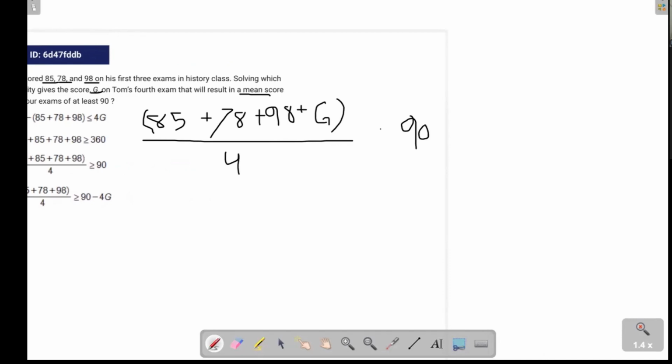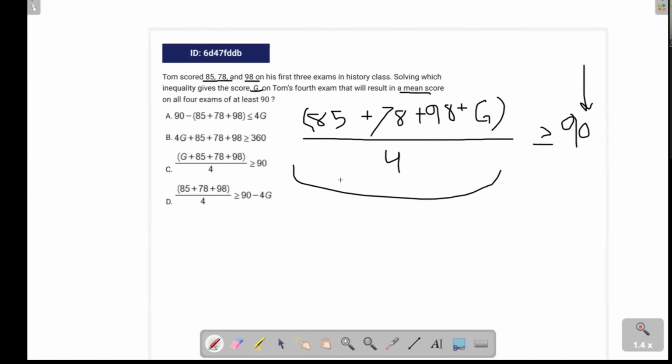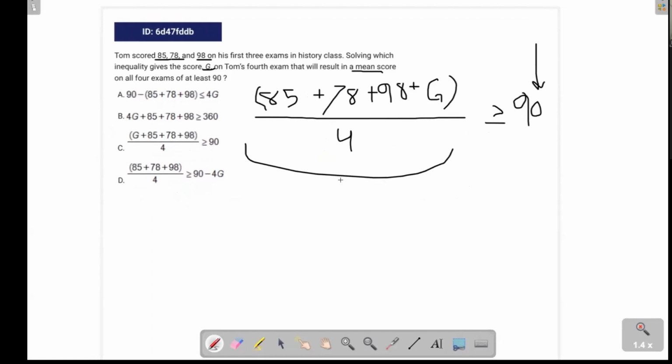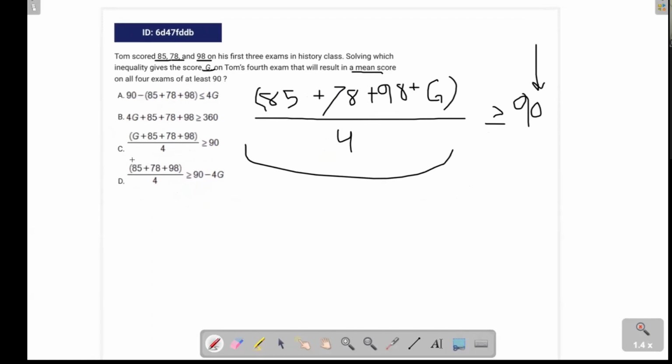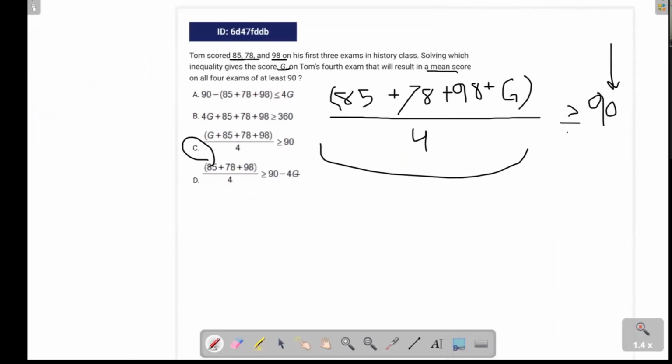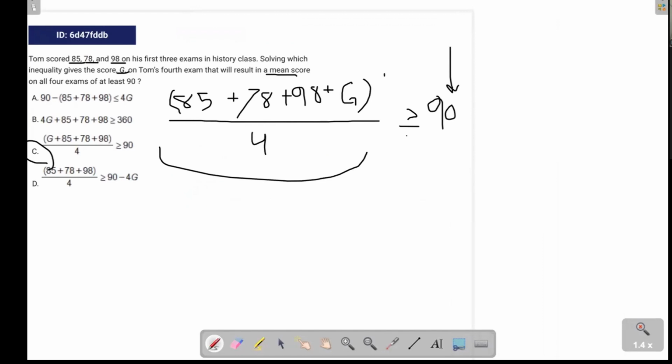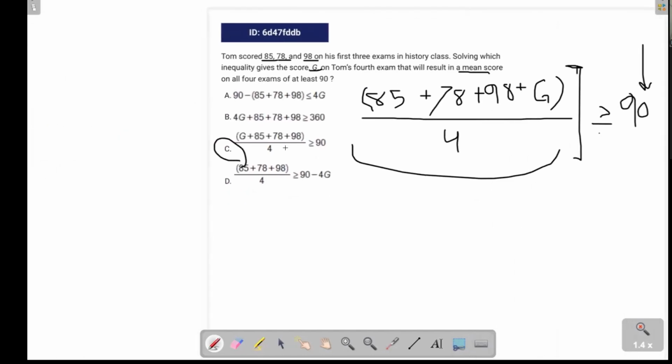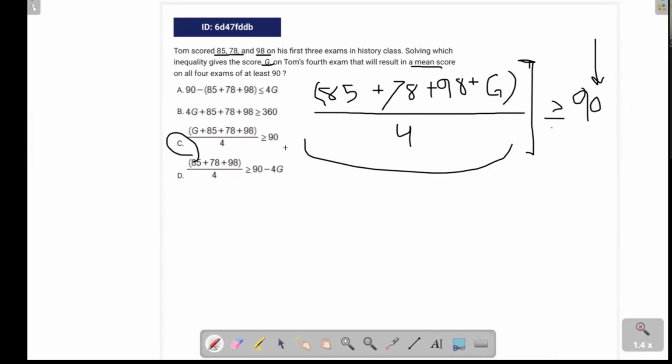And it's going to have to be written like this because this is our score right here, and it must be either equal to 90 or greater than 90. That's how you set up the inequality. Our answer will be C. You don't even need to do all of it; once you get to this point right here, you can already do process of elimination and figure out which answer is which. But our answer will be C.